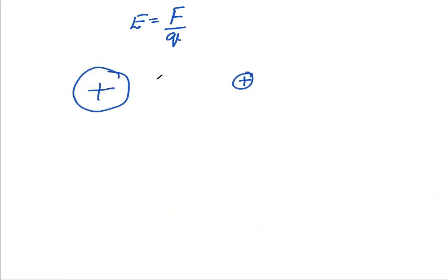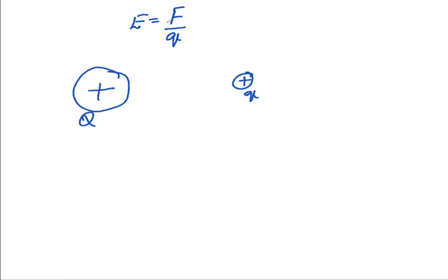Okay, so electric field strength is equal to force per unit charge. I already discussed that I have this bigger charge and I am using a test charge. Let's say this charge is capital Q and this charge is small q.